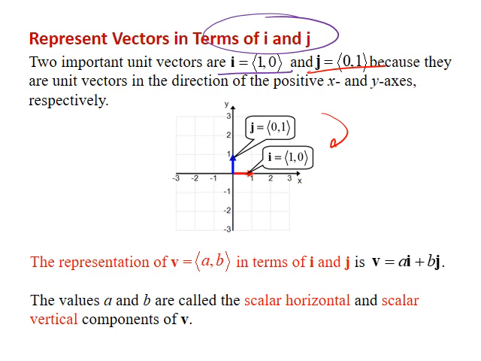And they're basically the unit vectors in the direction of the positive x and y axes. So if we have vector v that is represented here, if it says represent this vector in terms of i and j, then vector v becomes this. So all we do is we take A, attach it to i, take B, attach it to the j.